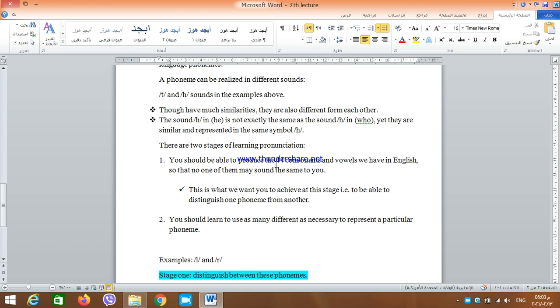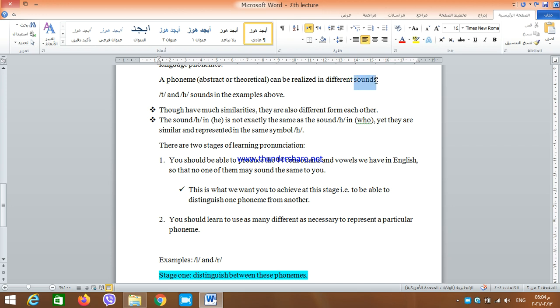Okay. So a phoneme, just like ha or te in the examples above, can be realized in different sounds. The phoneme is the abstract, or let me say the theoretical aspect of the pronunciation, but the actual aspect is the sound.